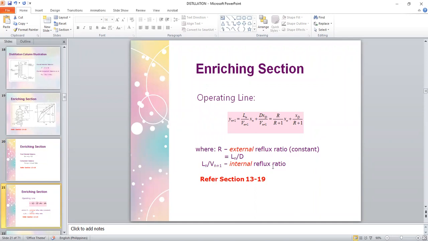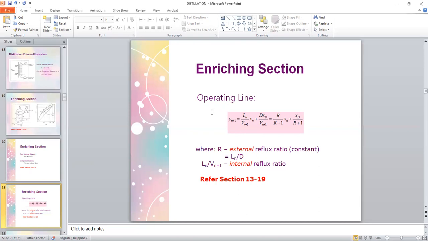But because of the assumption that we have a straight line and constant molal overflow, the value the problem gives you on the reflux ratio, the problem does not specify whether external or internal, you are to assume that it's the external or the internal reflux ratio. So in that case, you will use it.